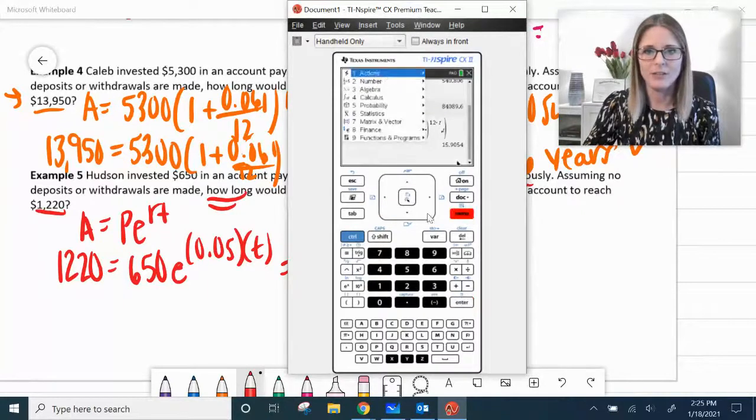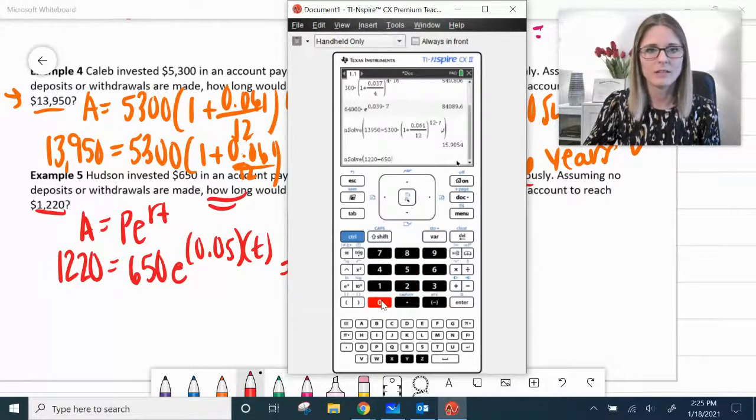All right, ready. Menu, algebra, numerical solve. 1,220 equals 650, E. Use the E to the X button. Do not do the alphabetical E. Oh my gosh, don't do that. Oh, y'all are going to be emailing me. It's giving me an error. I can see it now.